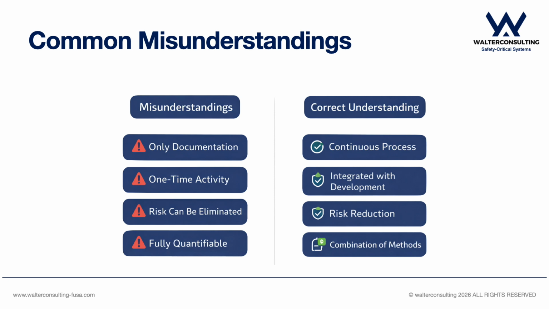Some also believe that risk can be eliminated completely, but that is not realistic. Risk can only be reduced to an acceptable level. Another misunderstanding is that all risks can be quantified precisely. In practice, a combination of approaches is used. And finally, risk management is not separate from development. It is deeply integrated into it.